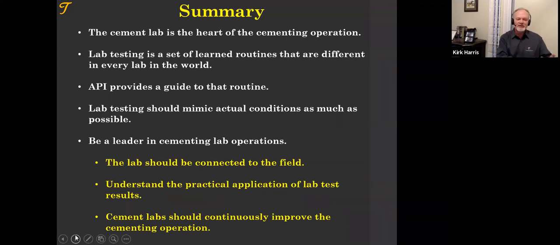And make sure that the routines that were put in place are good routines that tell you what you need to know, that tell you that your free water and the stability of your slurry is good downhole, not just at surface. Understand those learned routines. API provides a very good guide to that routine.